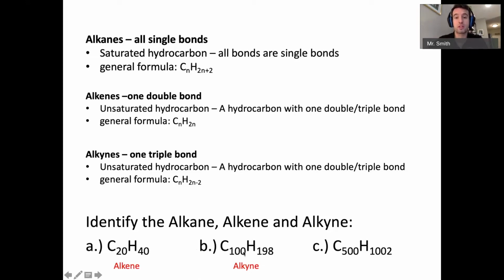Instead of 200, it's got 198. So that's what this formula is saying: take the number of carbons, double it, and then subtract 2. And this last one, as you might guess, would be an alkane, just because it's got 500 carbons and 1,000 plus 2 hydrogens.